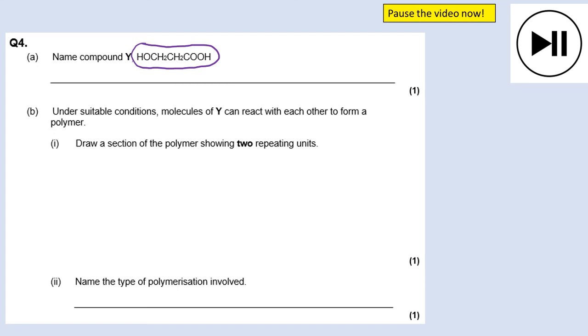Right, okay, so what have we got going on here? We've got an OH group to a CH2, to a CH2, to the good old COOH group. Now we've got two functional groups going on here. We've got an alcohol group and a carboxylic acid. Hopefully you're aware that with an alcohol group, you can have a prefix and a suffix.